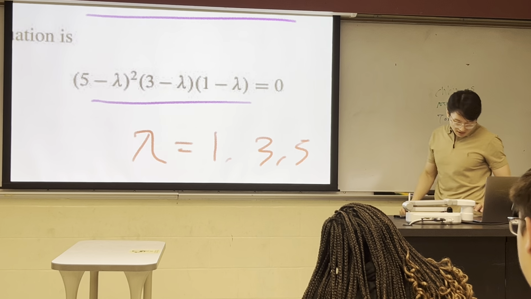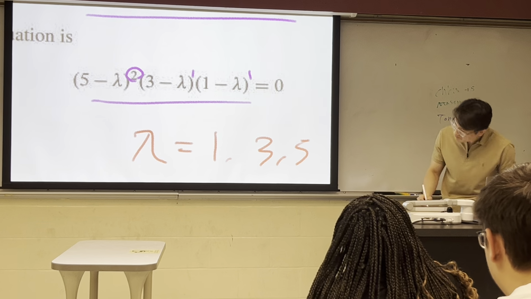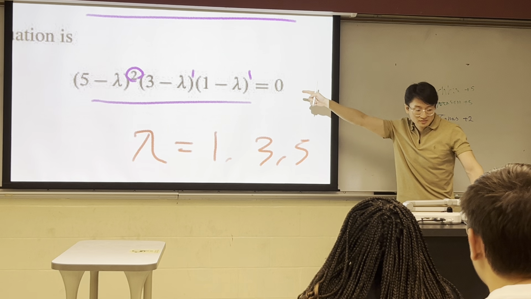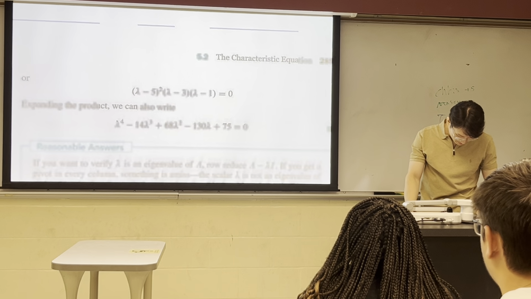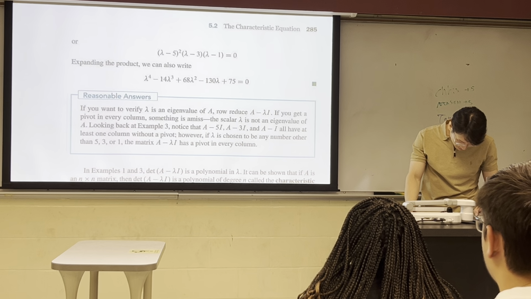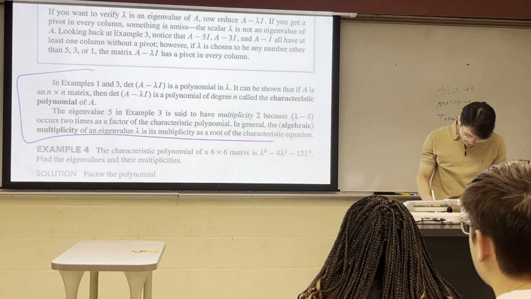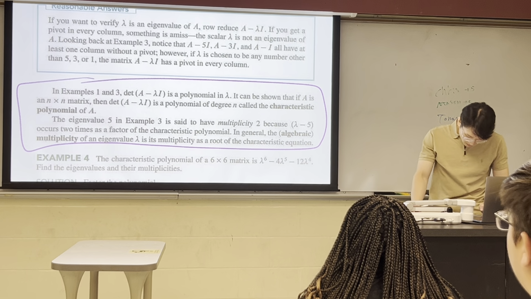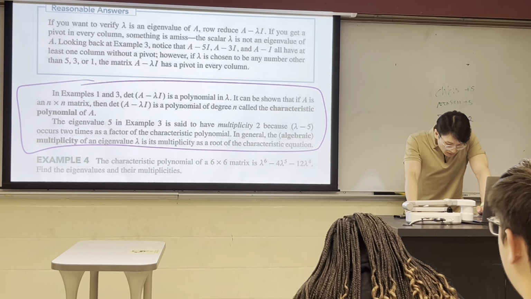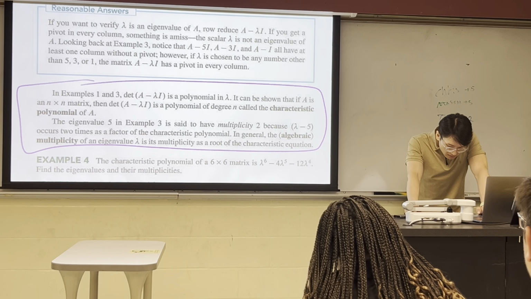So here, this thing matters. What is this? Let's read this. Okay, Christian, can you read this? In examples 1 and 3, the determinant of A minus lambda I is a polynomial.